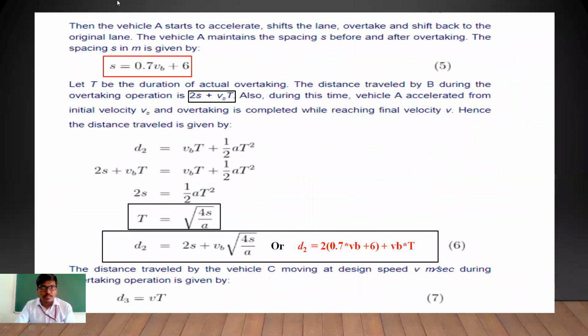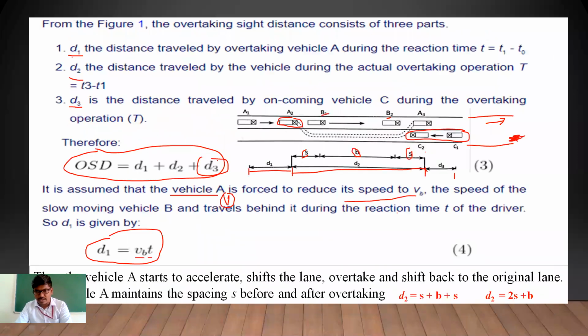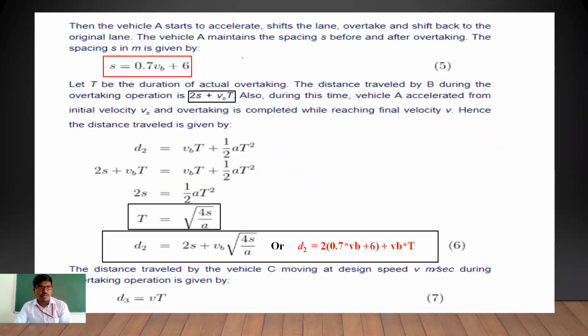Next, coming to D2. As already said, D2 is split into three terms: spacing s plus b plus s, from the diagram already explained. Each part has its own formula.